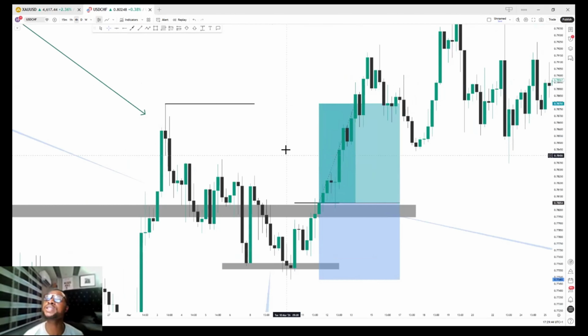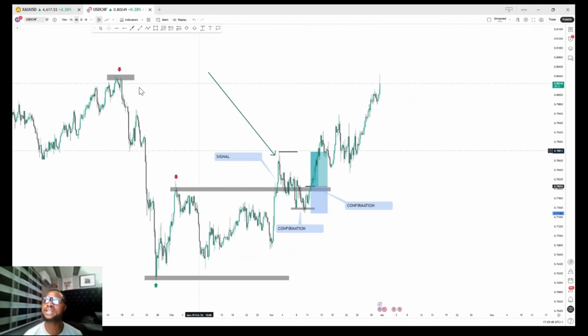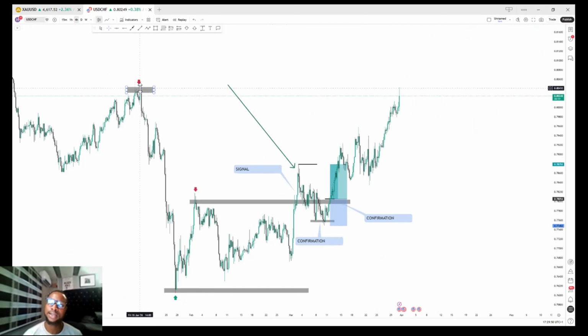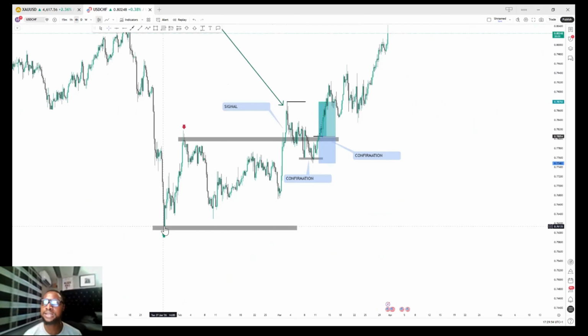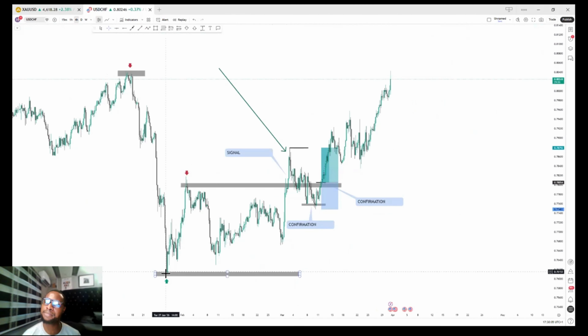But if you scale out from the 1 hour, and then you see that these sellers that sold the price all the way down to this place, now buyers are not jumping into the market. They are not the ones pushing the price back up to these sellers. If anything is going to happen from this buying place, it's going back to these sellers.